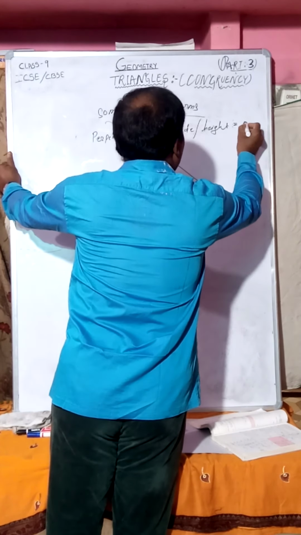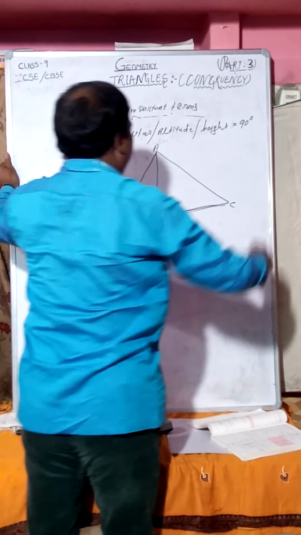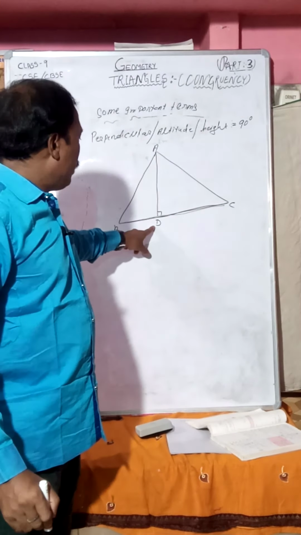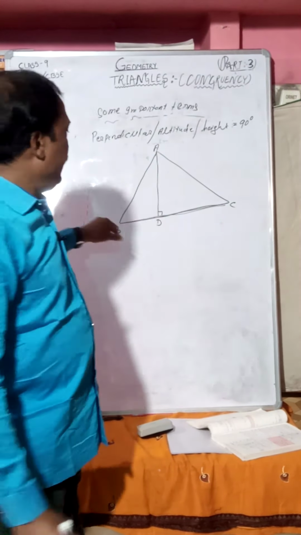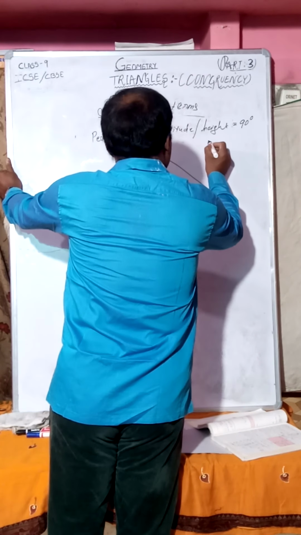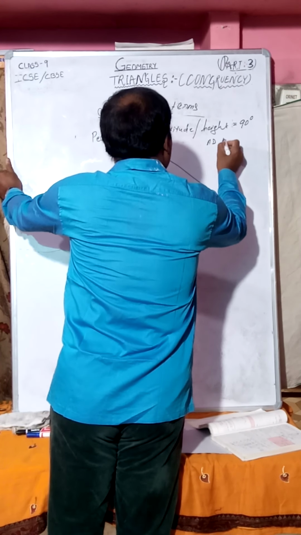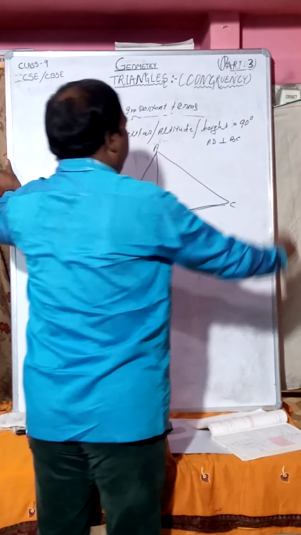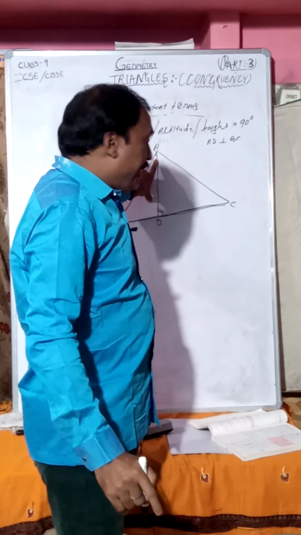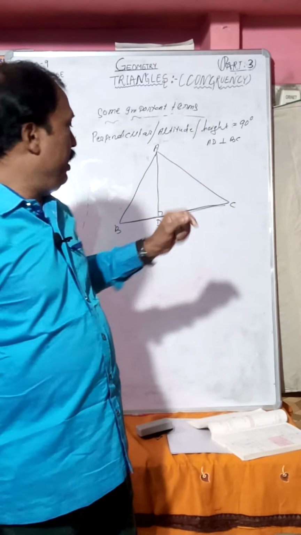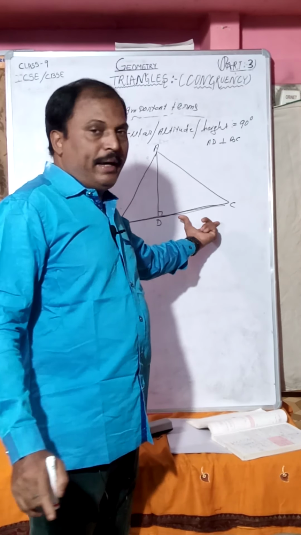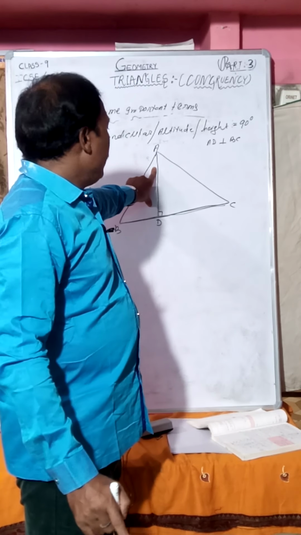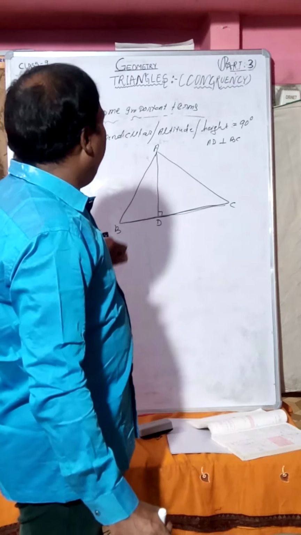Height, perpendicular, altitude mean 90 degree. So draw a perpendicular to BC, suppose that is AD. We can write AD is perpendicular to BC. That is the altitude of the triangle. Whenever BC is the base, the altitude is AD.